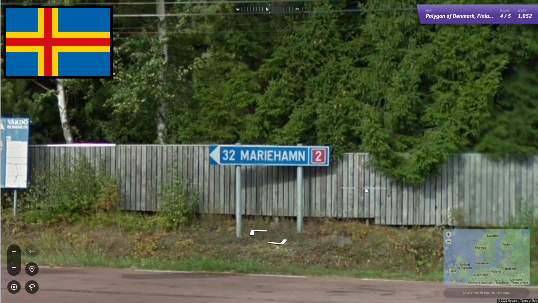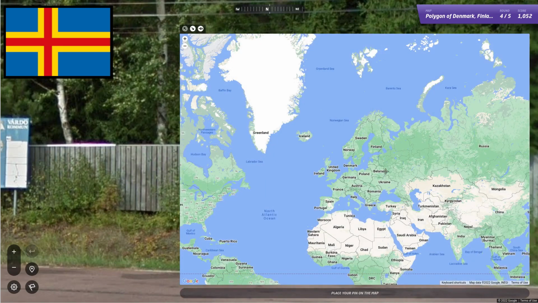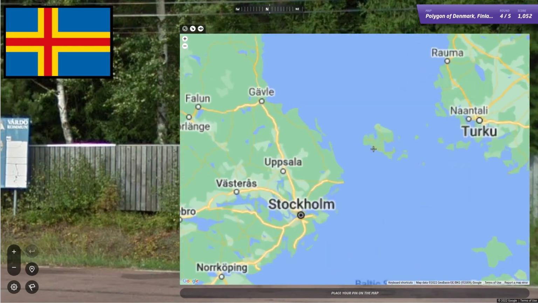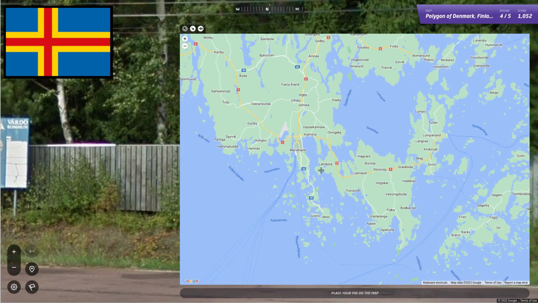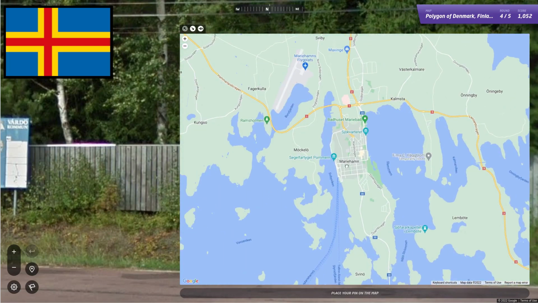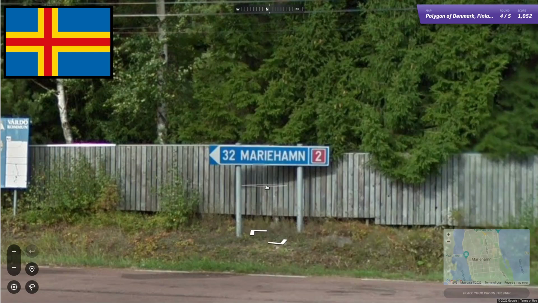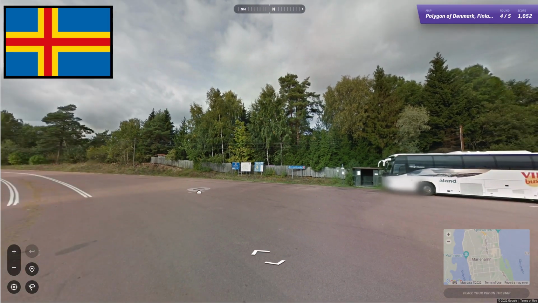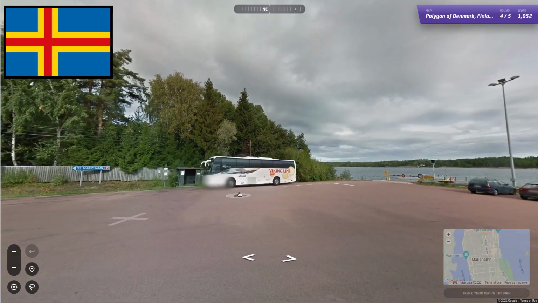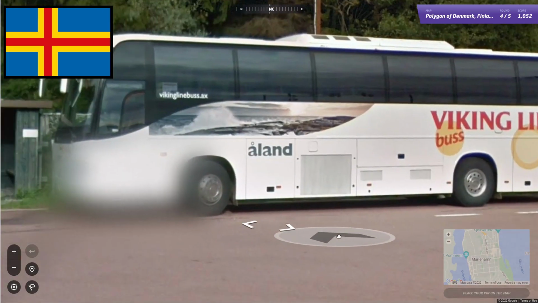And this sign points to the capital of Åland, Mariehamn. But yes, don't get confused with Åland, Finland and Sweden. It's some kind of a hybrid between these countries. And by the way, a very beautiful area. And it has its own TLD, AX.